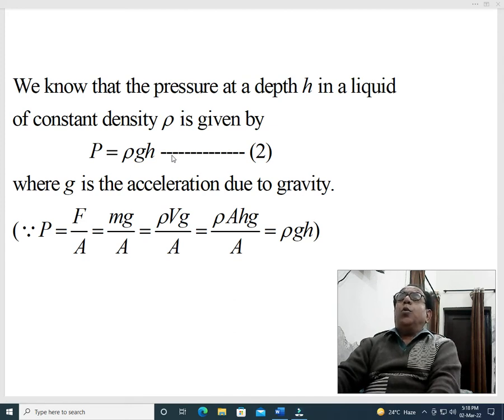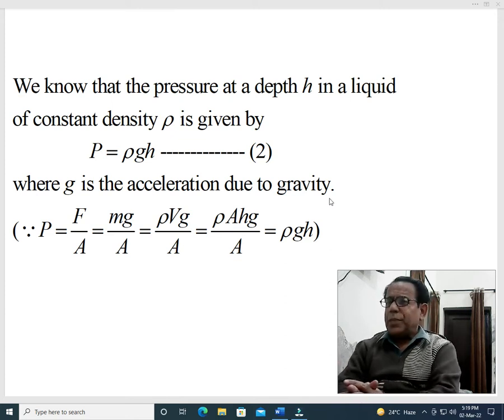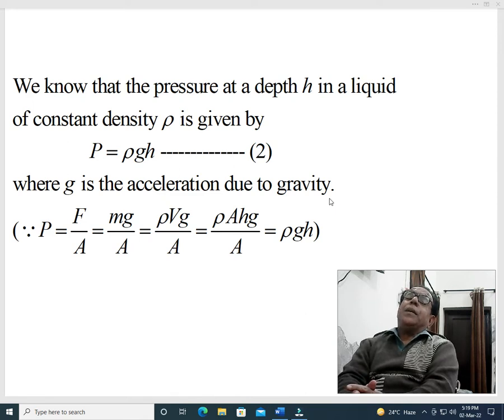We know that the pressure at a depth h in a liquid of constant density rho is given by P equal to rho g h, where P denotes pressure, rho denotes density, g denotes acceleration due to gravity, and h denotes height. g is a constant, and we know from our early classes that its value is 9.8 meter per second square.